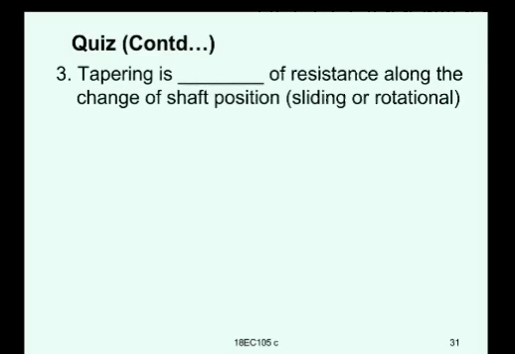Now the next one. The tapering is dash of resistance along the change of the shaft position, whether it is sliding or rotational. What is it? It is the variation of resistance.